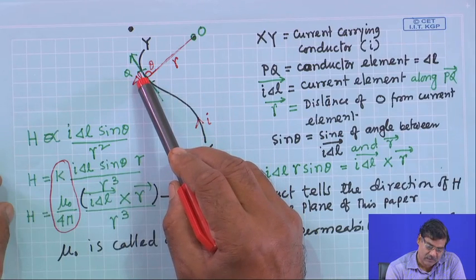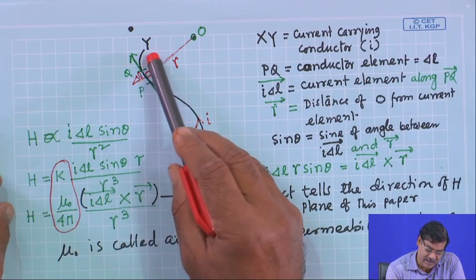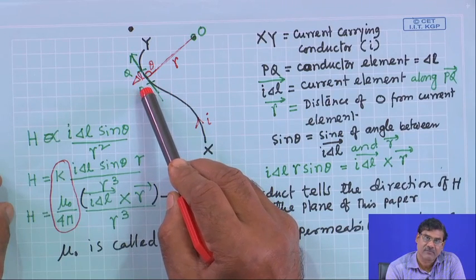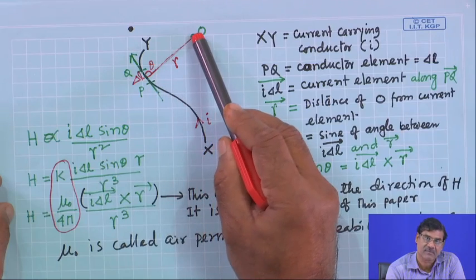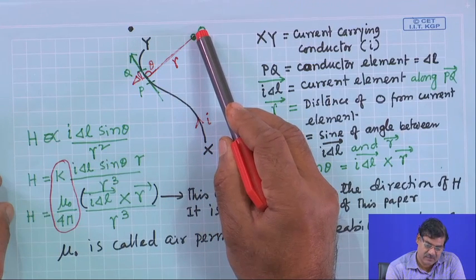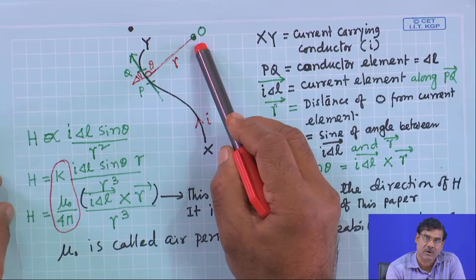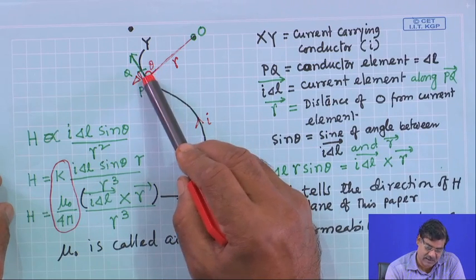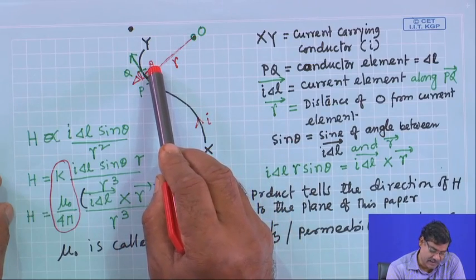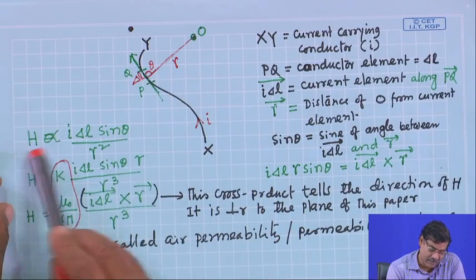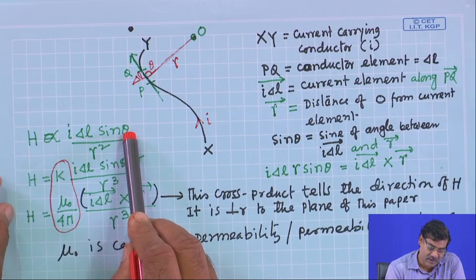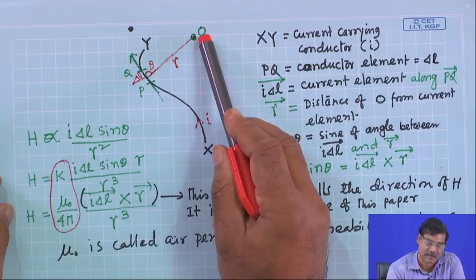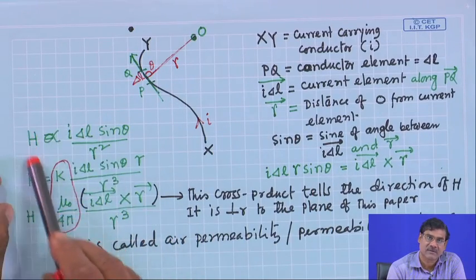So, theta is, as I told, the angle between the direction of this element and the direction of the point where we want to find the magnetic field from the middle point of this element. So, this is the angle theta, and the magnetic field will be proportional to this sin theta and inversely proportional to the square of the distance, this r. So, that is what the Biot-Savart law says.